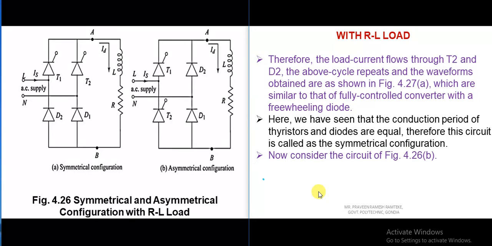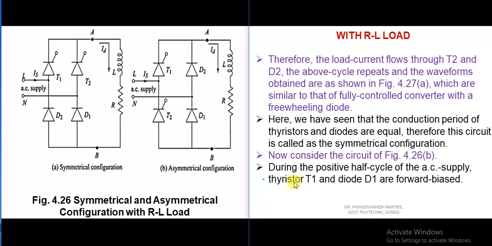Now consider the circuit 4.26b, that is the asymmetrical configuration. During the positive half cycle of the AC supply, SCR T1 and diode D1 are forward biased.